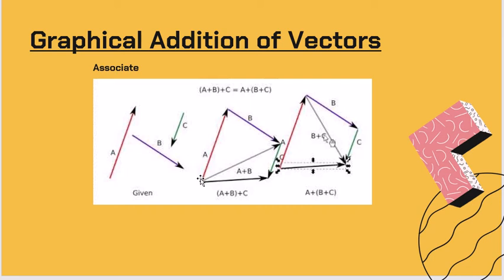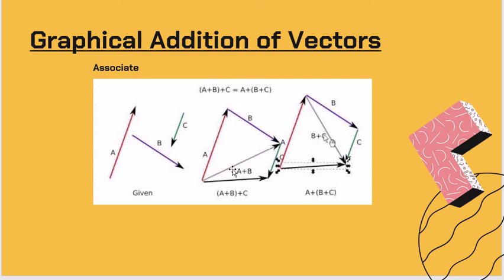So kapag ginamit natin ang associative, take note lang na nag-start tayo from a given point, from the tail to head, then followed by the head, start ulit sa head, papunta dun sa another direction. So ibig sabihin, yung sinasabi nating A plus B, eto siya, A plus B, eto yung vector natin, will be resulting to A plus B.